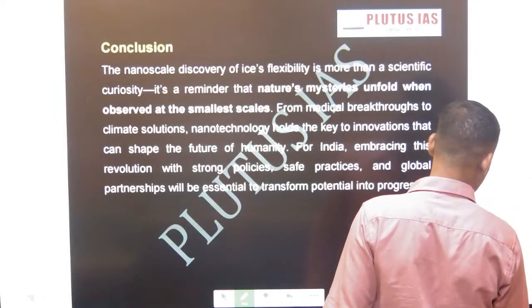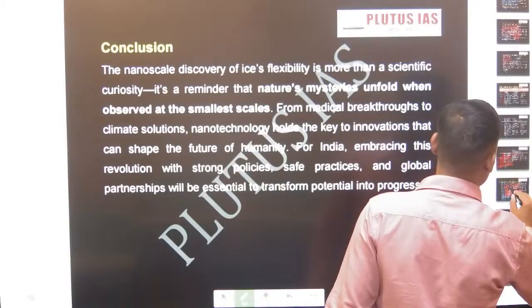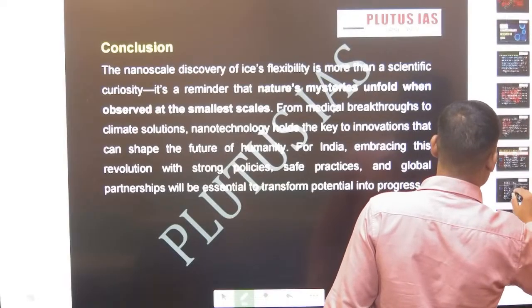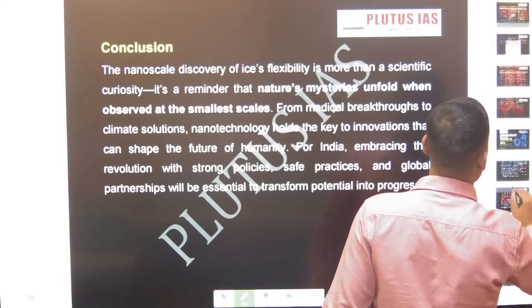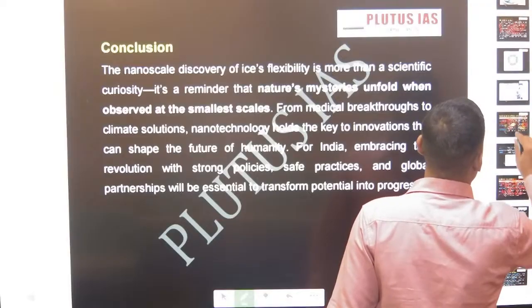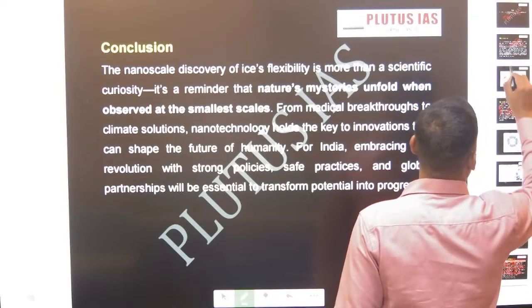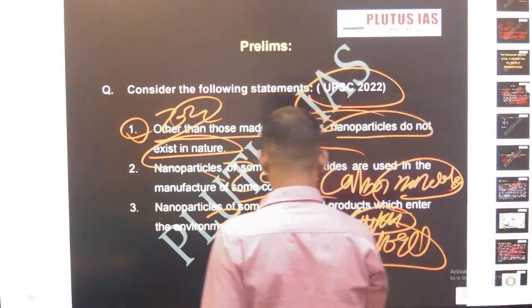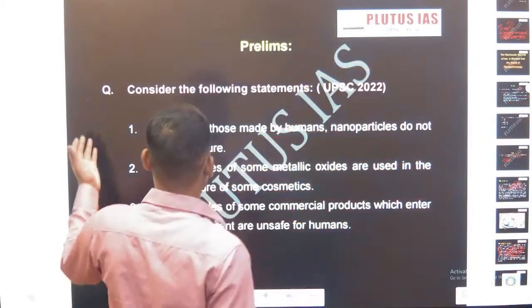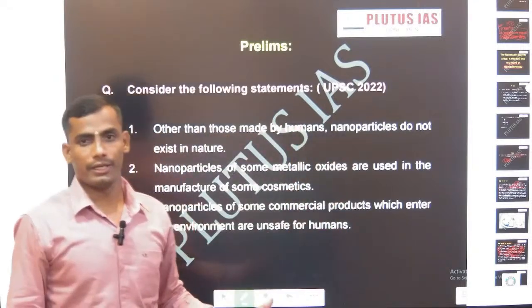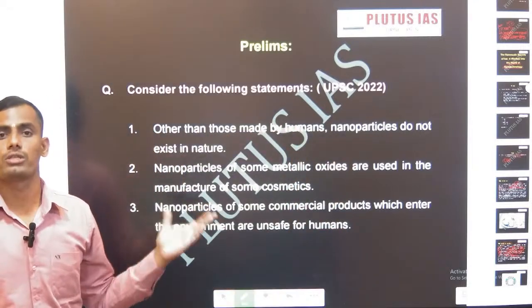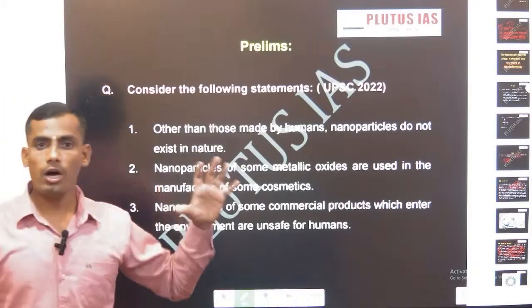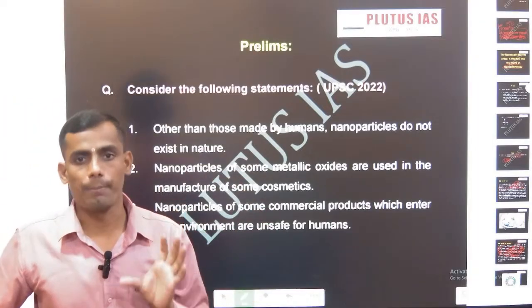Let me show you the answers. See how many PYQs have been asked on this particular topic. This is 2022, recently nanotube, even hydrogel in 2024. So all this makes these topics more important.